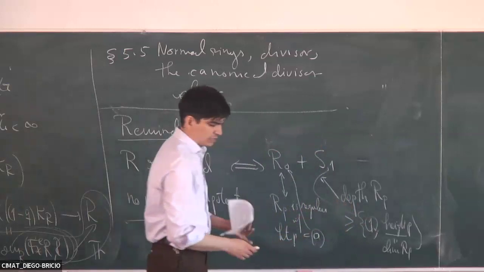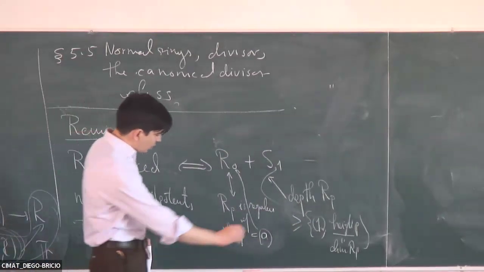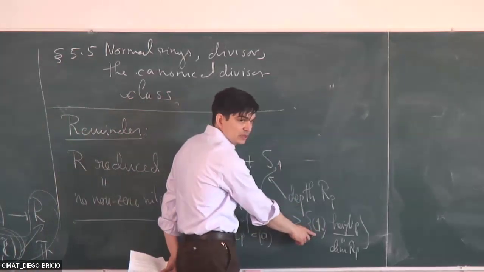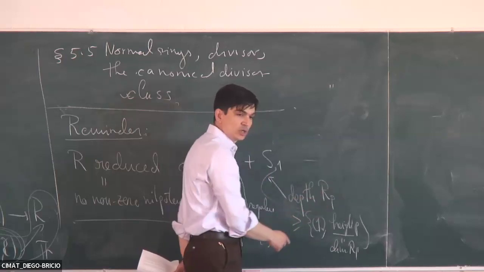So what is this condition telling you? This condition is telling you that if the height of P is 0 or 1, i.e. at most 1, then the ring R_P is Cohen-Macaulay.